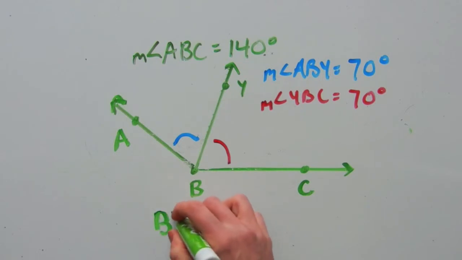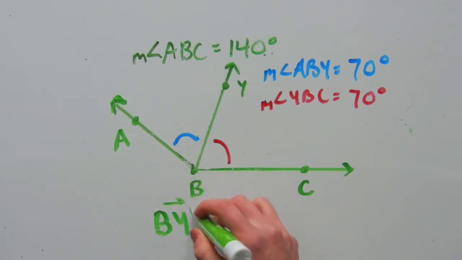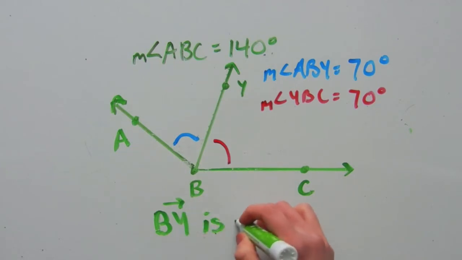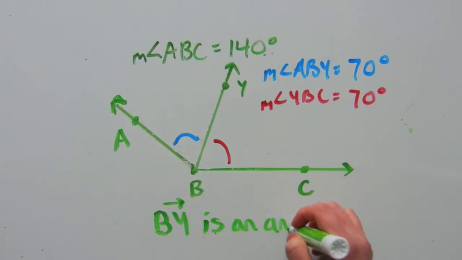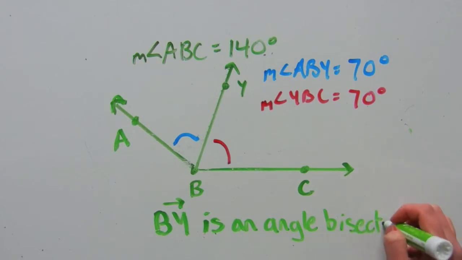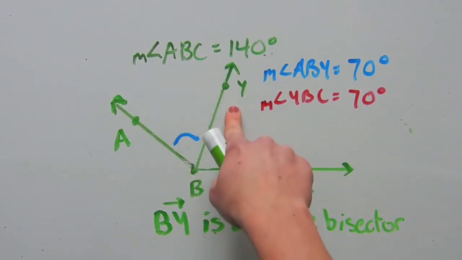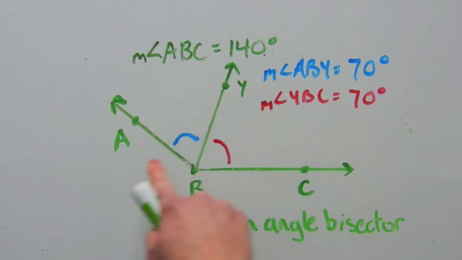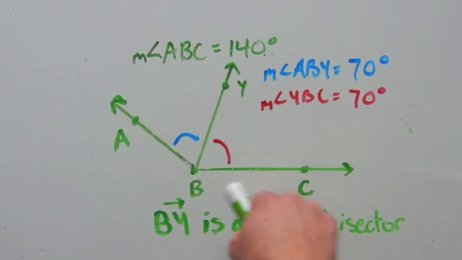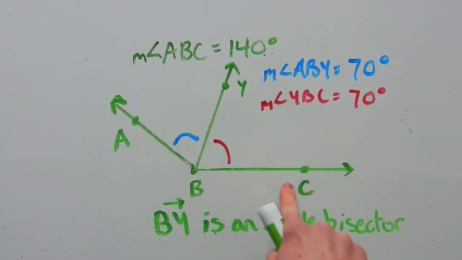Therefore, BY is an angle bisector. That's because one, Y, the endpoint of this ray, is an interior point to the angle ABC, and two, ABY is congruent to YBC.